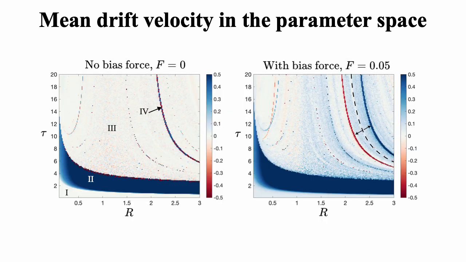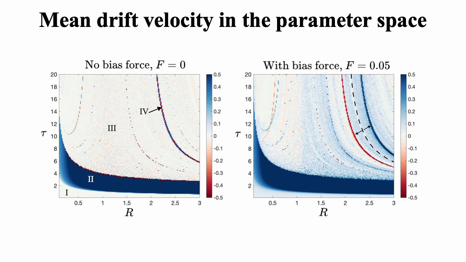Without the bias force, we have a single band on which both of these positive and negative asymmetric limit cycles that give net drift exist. And then when you add the bias force, this band splits into two. The positive drift states separate from the negative drift states, and then they migrate in the parameter space.